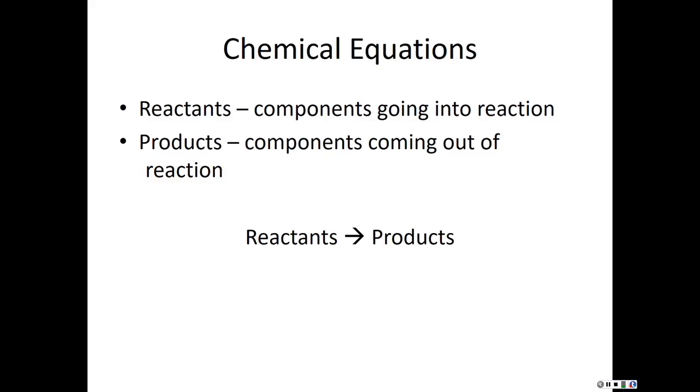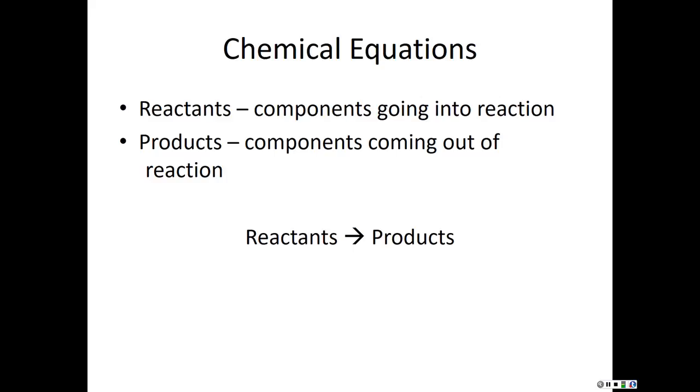So for example, if I have Fe plus Cl2 goes to FeCl2. Now, there's a lot of different ways and a lot of different bits of information that are included in the equation.